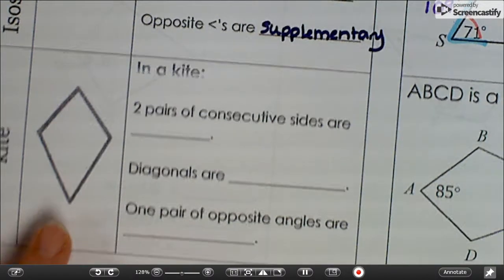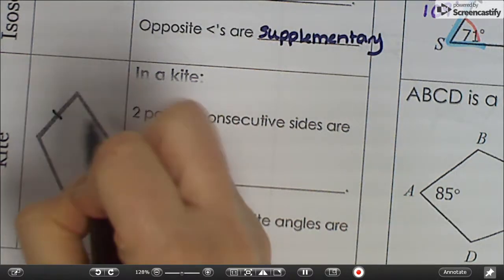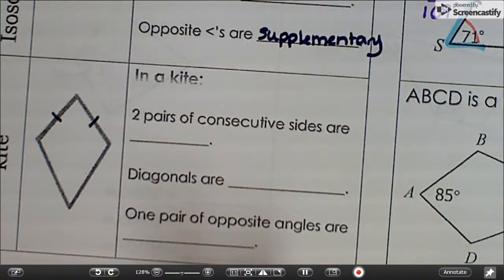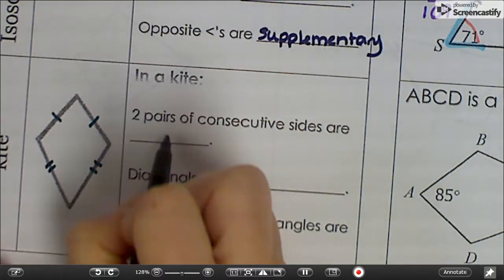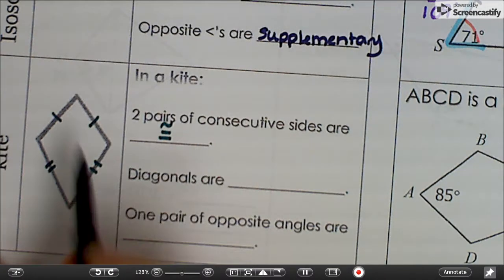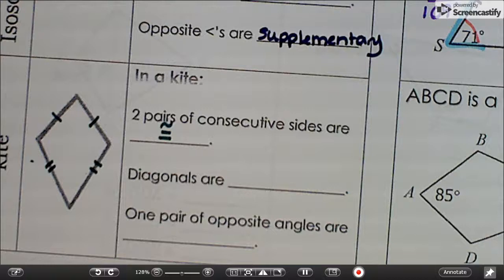All right, consecutive again means the sides that are in a row. So the definition of a kite is a quadrilateral, a closed four-sided figure with two pairs of consecutive sides that are congruent. So this one, then that one, those are congruent. This one, then that one, those are congruent.